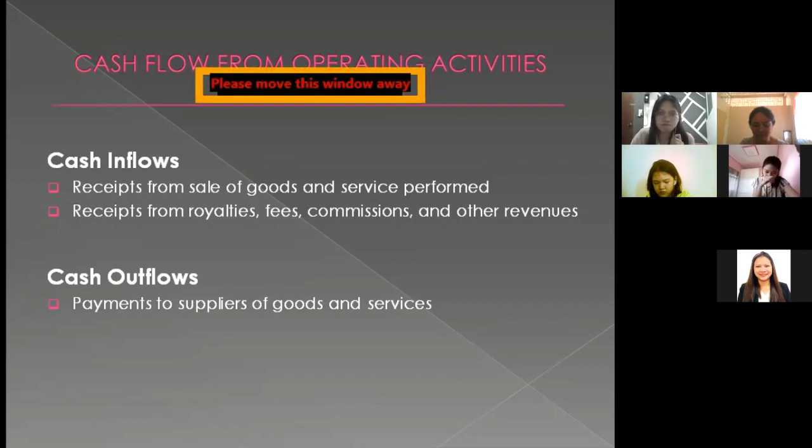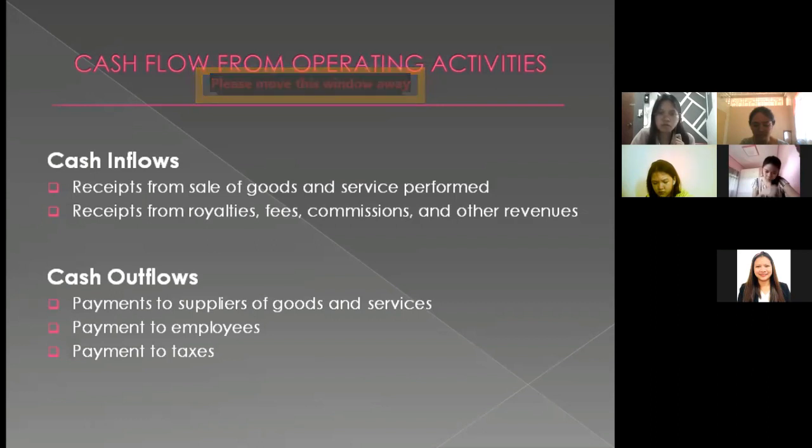Next is payment to employees, yung pagpapasweldo sa mga empleyado. Next is payment of taxes, pagbabayad ng buwis. Payment of interest expense, pagbabayad ng interest, and payment for other operating expenses.